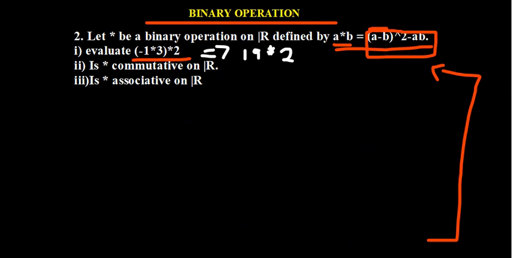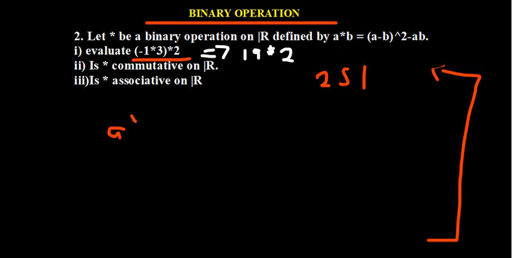So if our value is 251, the second part of the question says, is the binary operation commutative on the set of real numbers? So when is it commutative? It's very important to note. What does it mean when they say commutative? Commutative means whether you start with A or B, you're supposed to have the same solution, right?